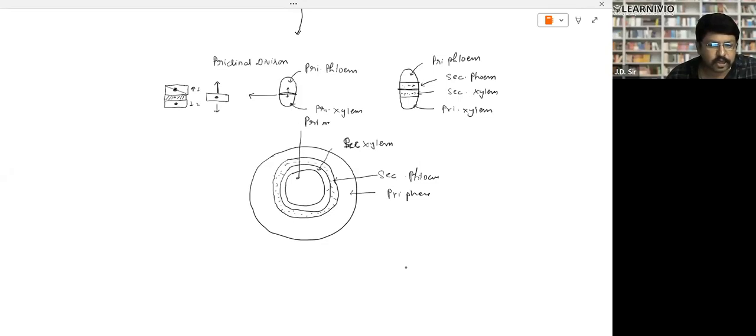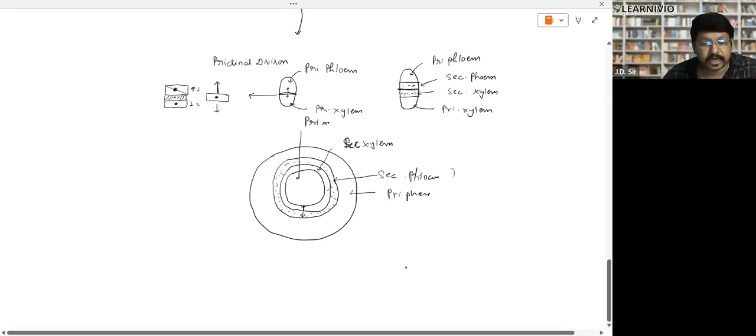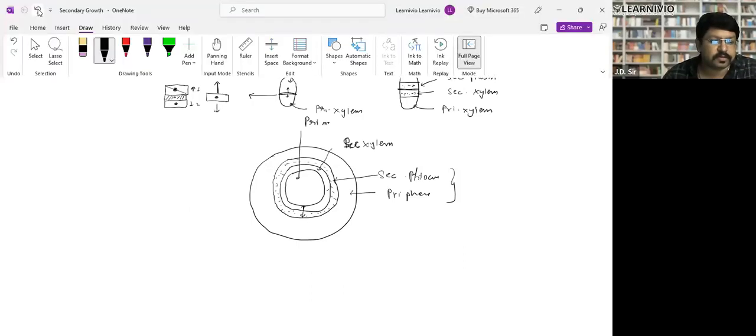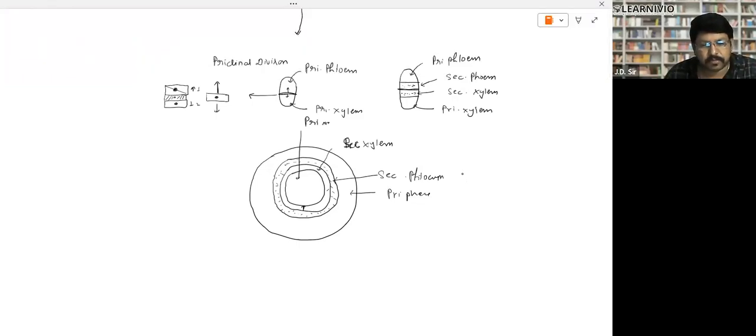By this way, new layers are being added every time, and due to the addition of these new layers, the secondary phloem and secondary xylem, we call it secondary growth.